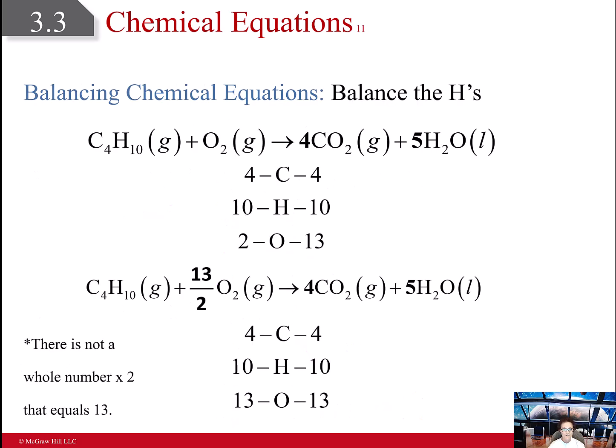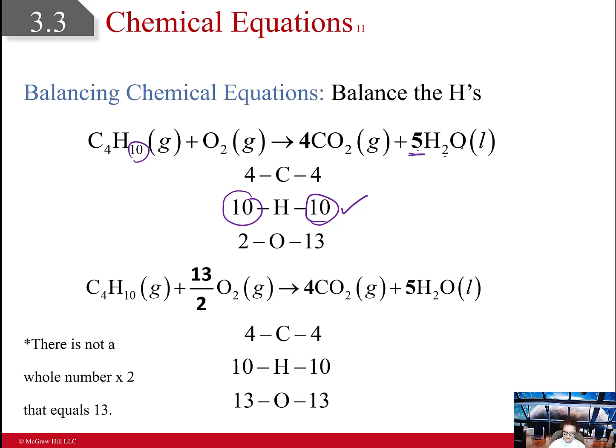So now I'm going to go to my hydrogens, okay? I have 10 hydrogens over here from this, and I need 10 on the other side. I've got H2, so if I multiply water by 5, that's 5 times 2, gives me 10 hydrogens, but I now have 5 more oxygens.